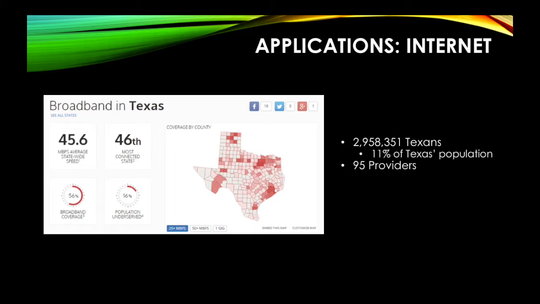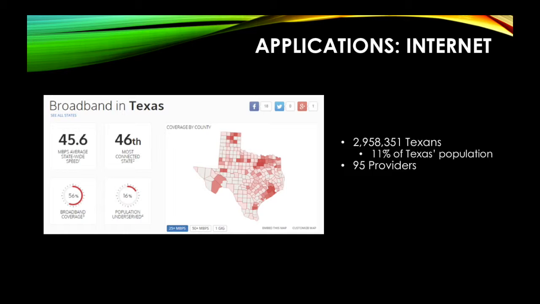Next, by selecting an individual state on the map, such as Texas, you can get further broadband statistics. For Texas, as the snapshot depicts, it is the 46th most connected state in the U.S. In addition, there are also 95 fiber optic providers in Texas.